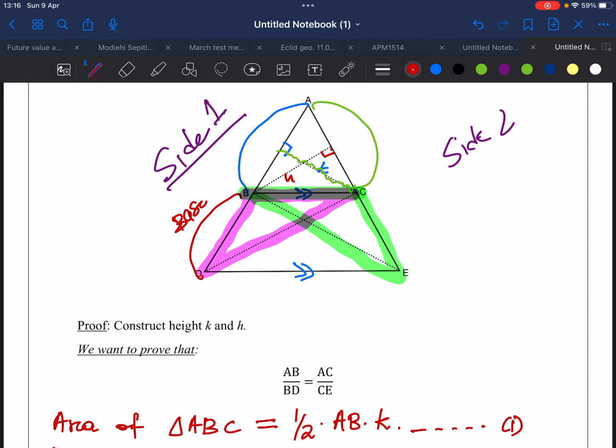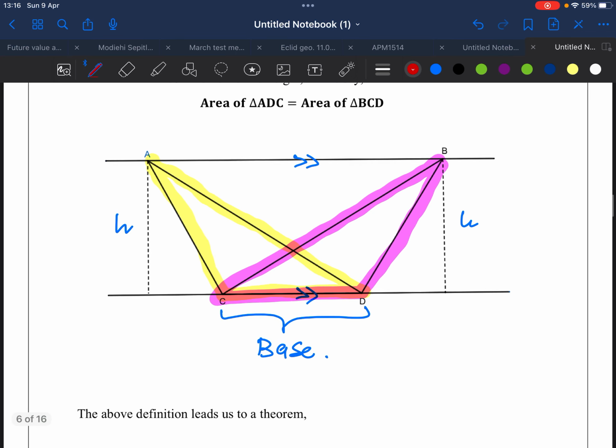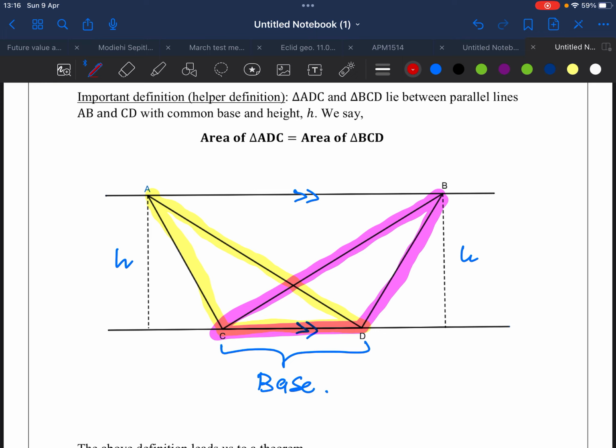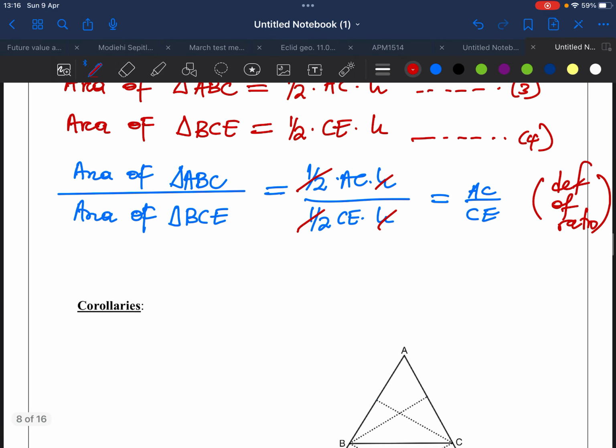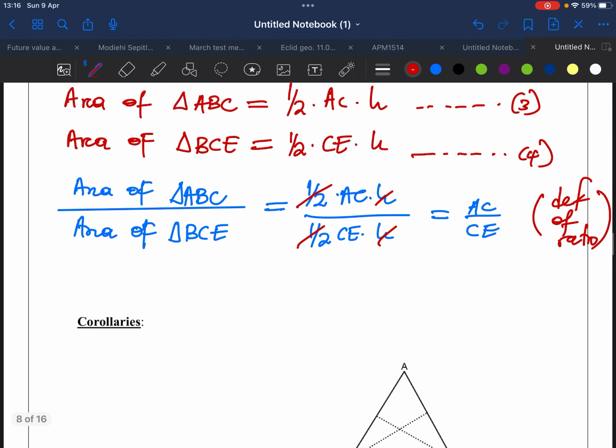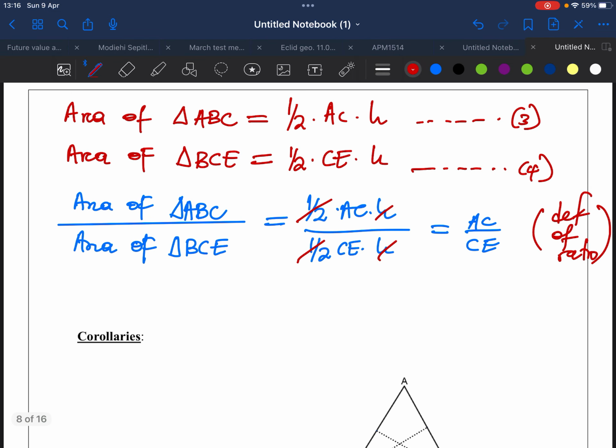They lie between parallel lines. From the helper definition, we said that if two triangles lie between two parallel lines, they have equal areas. So that's where the helper definition comes in.